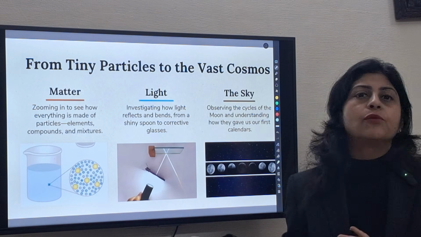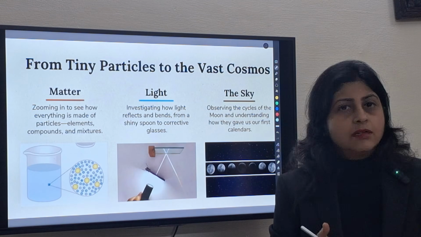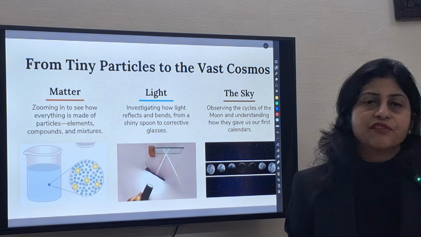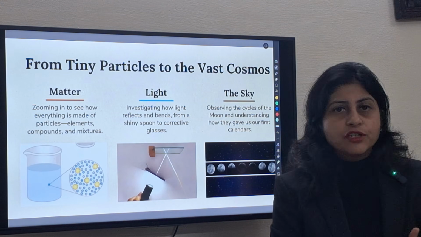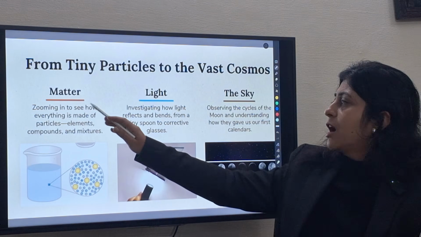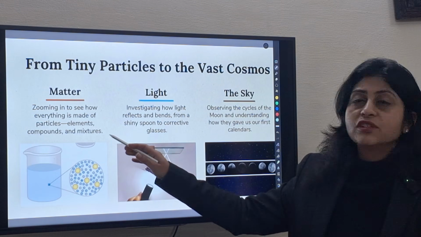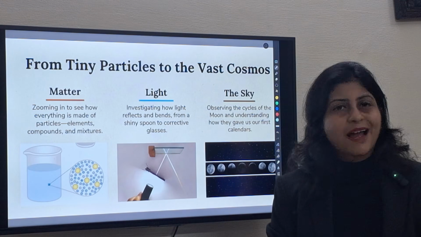Yes, so this is what we are going to read in this lesson. What is matter? What are the different types of matter? What is the classification of matter? This is all we are going to study in this chapter, zooming in to see how everything is made up of particles, elements, compounds and mixtures. So this is all about matter.